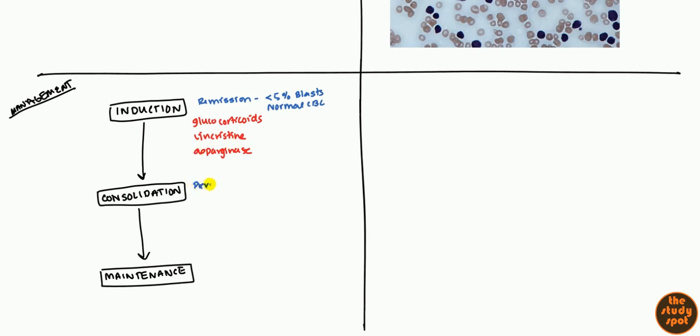So one of the points of consolidation is to prevent resistance and relapse by resistant drugs, and you do that by changing the drug. So then you use cyclophosphamide, cytarabine, and even 6-mercaptopurine. These generally tend to have much higher side effects. Again, you do have to use that to clear up those last few cells that might be there.